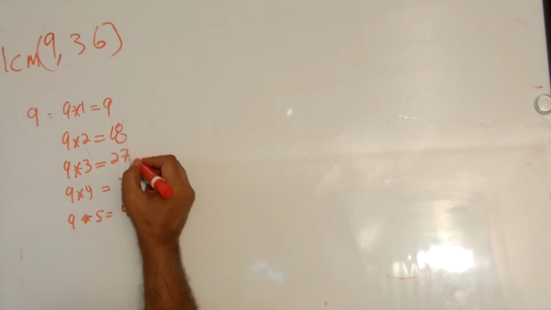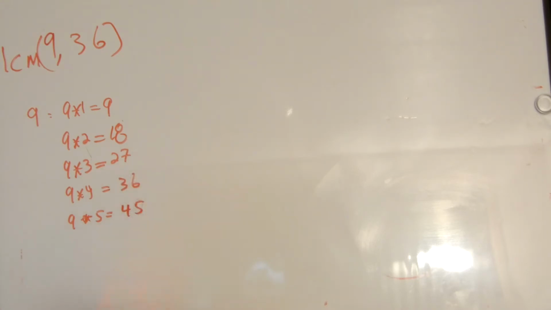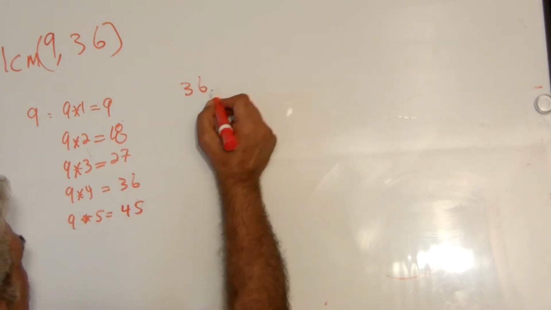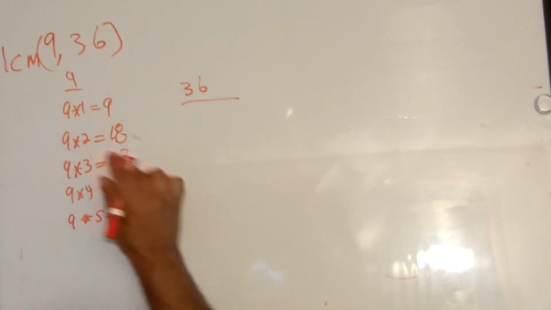Every time 9 is added. So we go up to here. How about 36? We were talking about the multiples of 9.